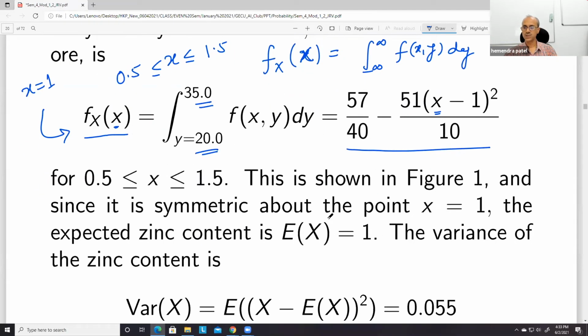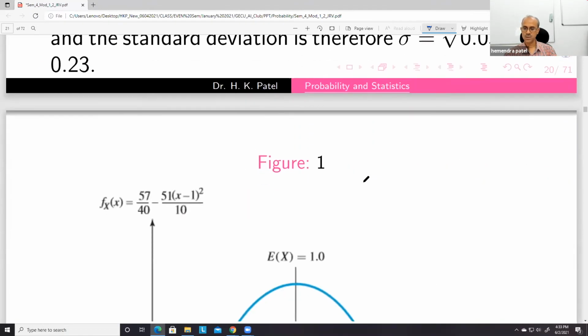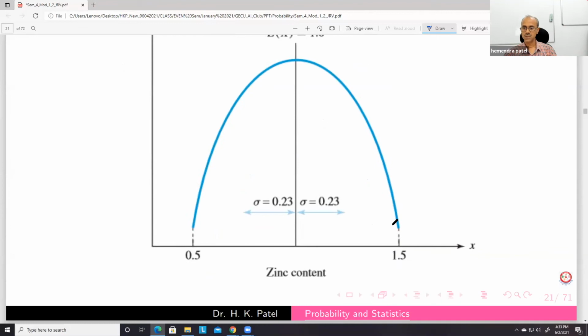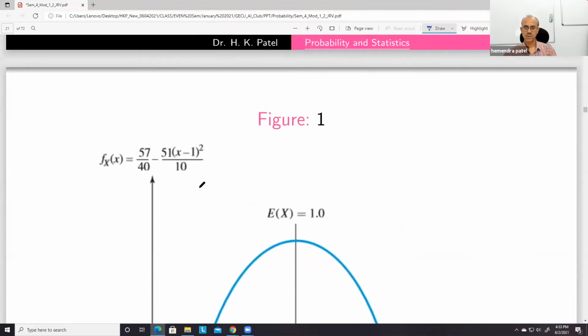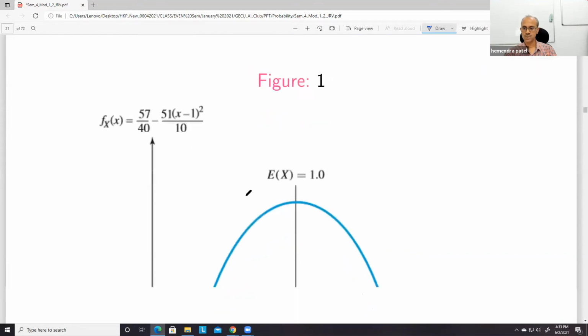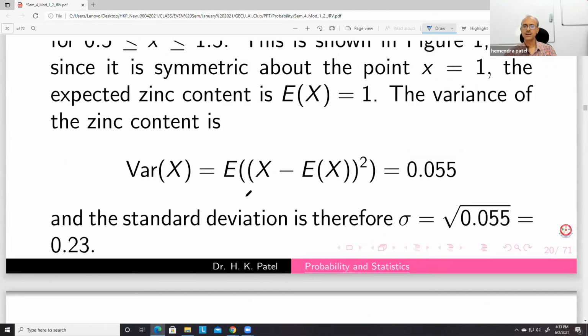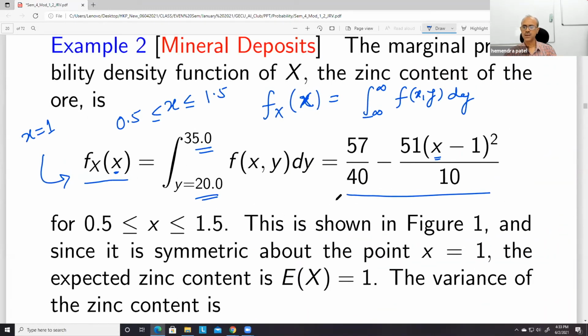So this is shown in the figure. You can see that because it is square in x, it will be a parabola. Okay. So this is the graph of this function y is equal to 57 by 40 minus 51 by 10 times x minus 1 whole square. So that is there.